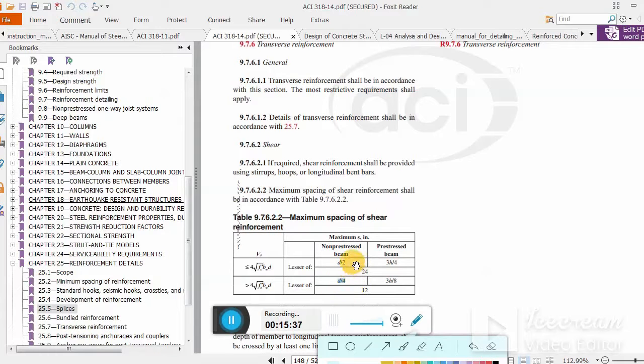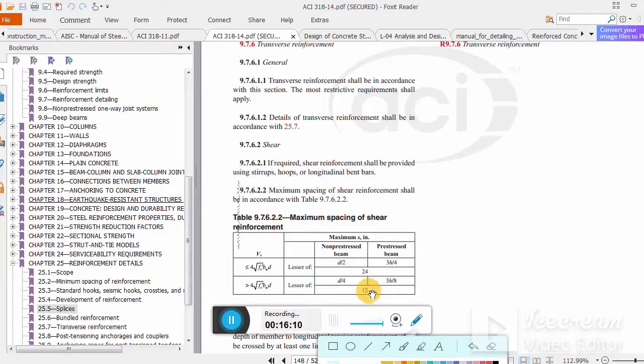Now sometimes we design the beam such that the spacing of the shear reinforcement increases from this value, let's say 24 inches, which is more than 24 inches. It should be kept in mind that we never allow shear reinforcement spacing more than 24 inches. That is an ACI code limitation. We never allow it. But the limitation is 12 inches.